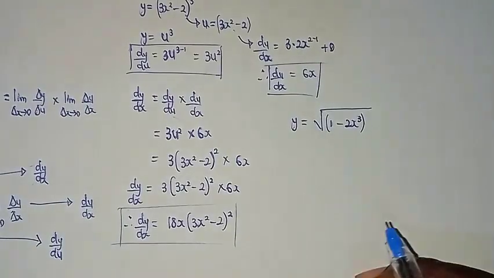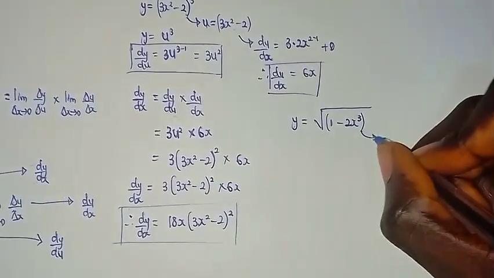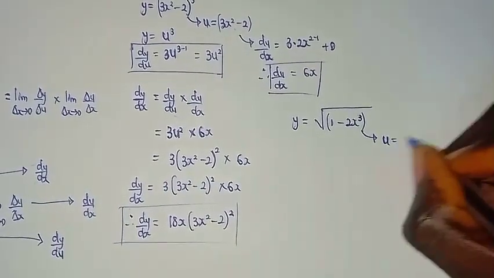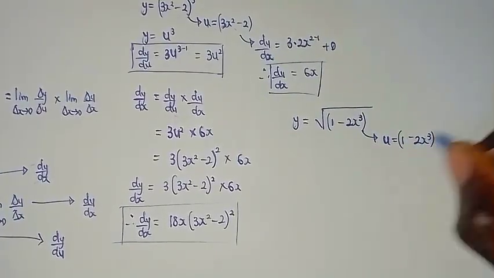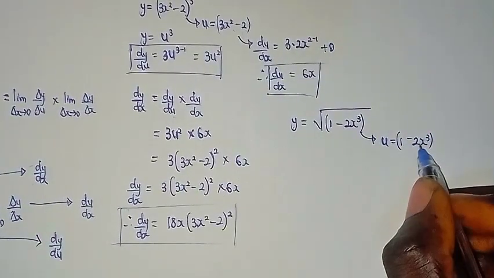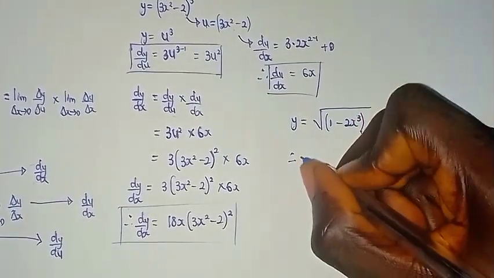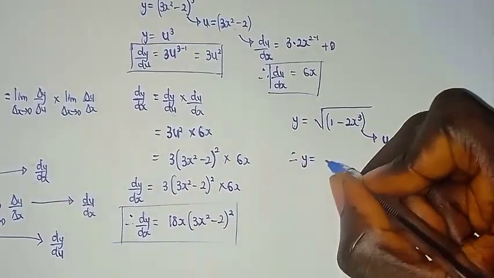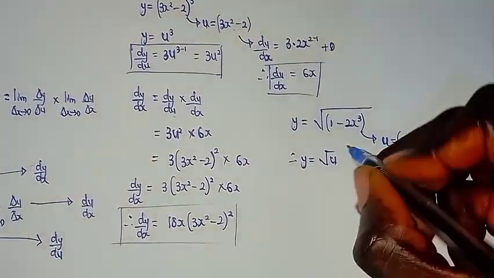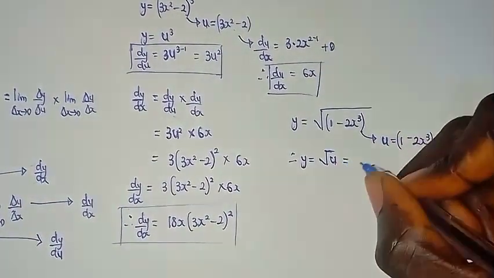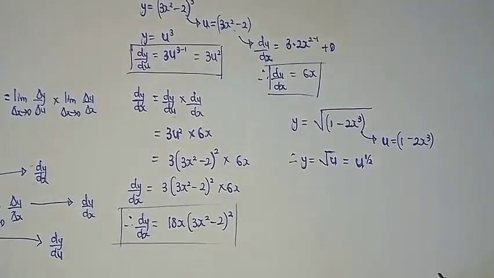Okay, so let u be this. Let u equal to 1 minus 2x raised to the power of 3. So our y becomes square root of u, right? From the laws of indices, we can simplify this to be u raised to the power of 1 over 2, right?